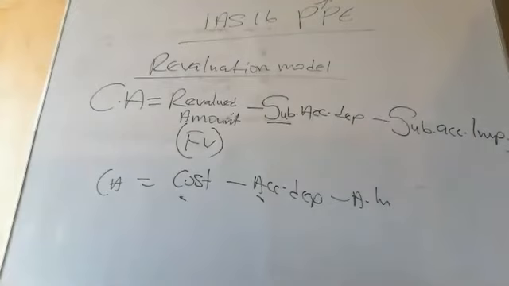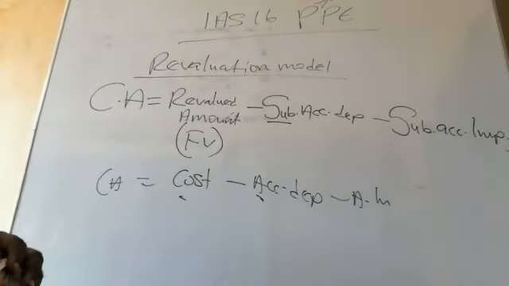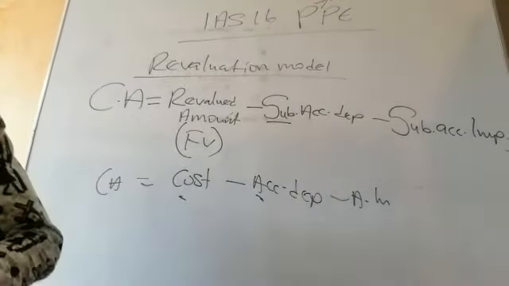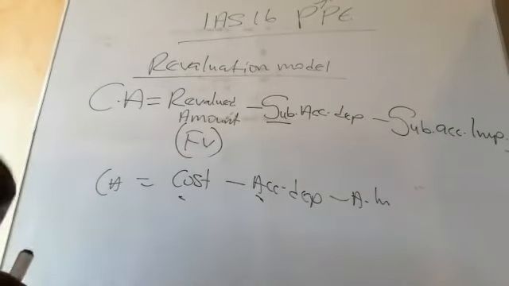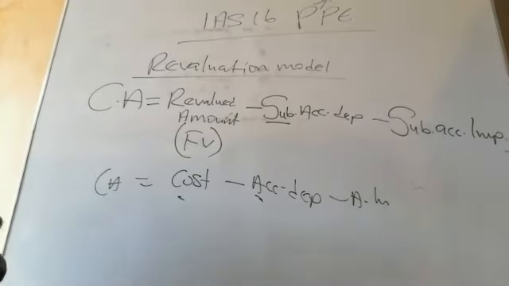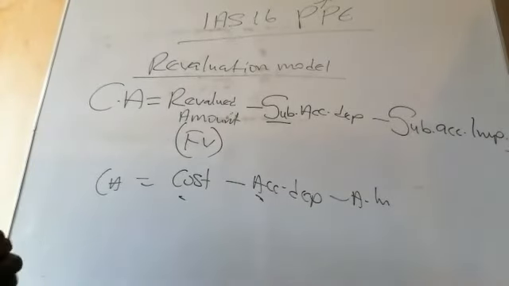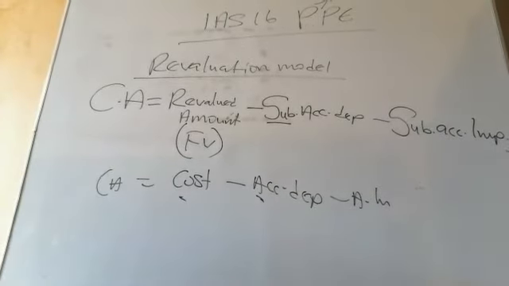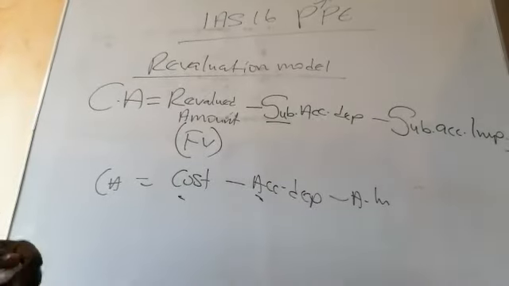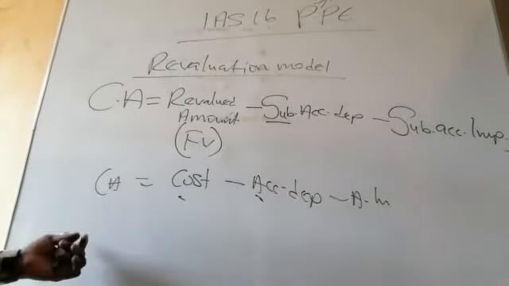When you adopt it, sometimes the entity wants to mark the book value of the asset to that of the market value. If you want to make sure that your assets are stated at their current value or match the market value, then you have to state them at the revaluation value or the revalued amount. So basically, that is it.